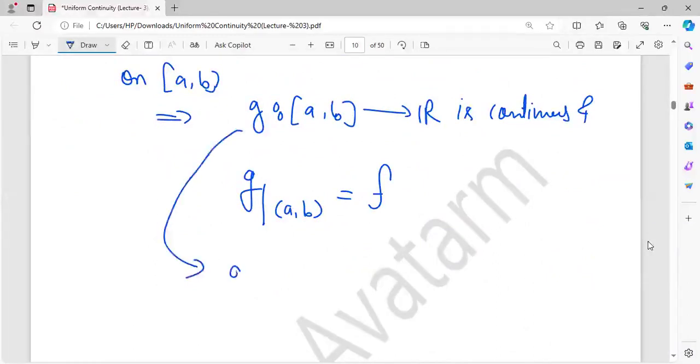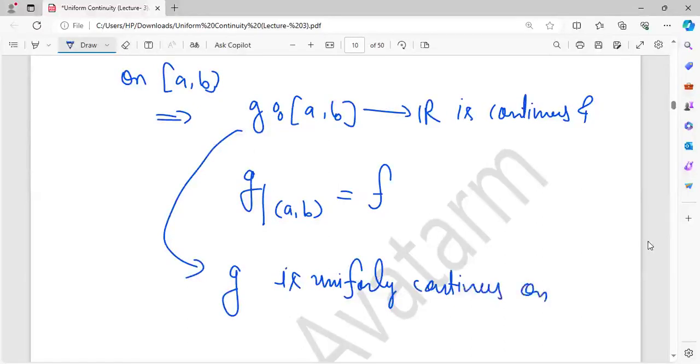This implies G is uniformly continuous on AB.